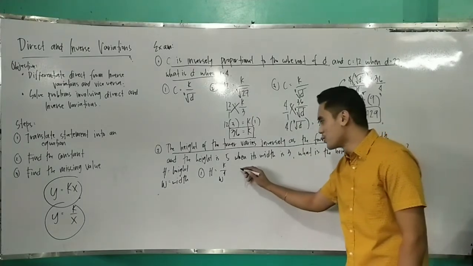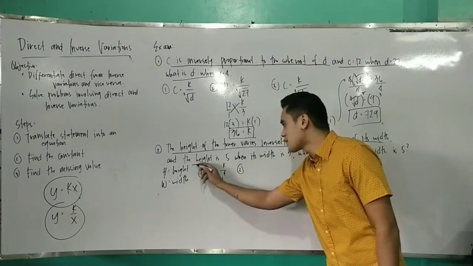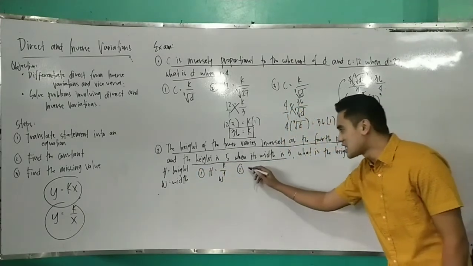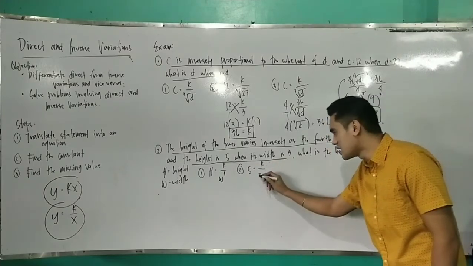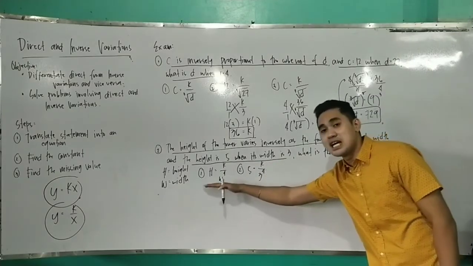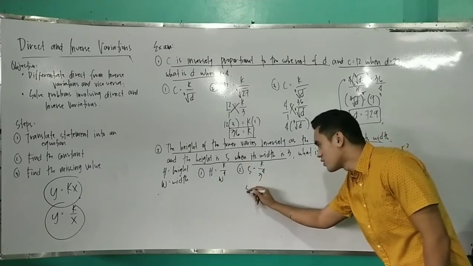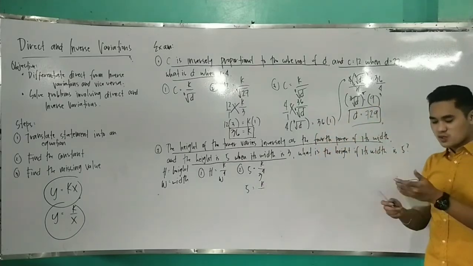Next tayo, number 2. So, second step, find the constant. The height is 5 and width ay 3. So, ang height natin is 5. So, K over, ang width natin ay 3 raised to 4. Tandaan na, ito yung equation. Meron siyang power of 4. Ngayon, meron tayong 5 is equal to K over 3 raised to 4.